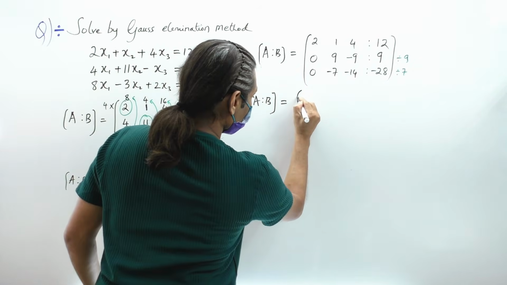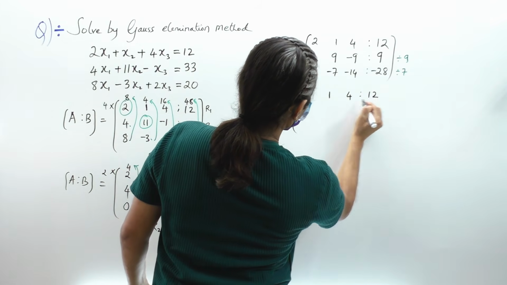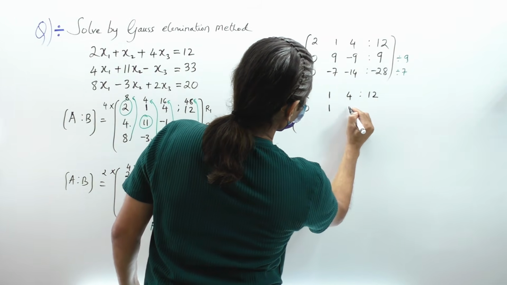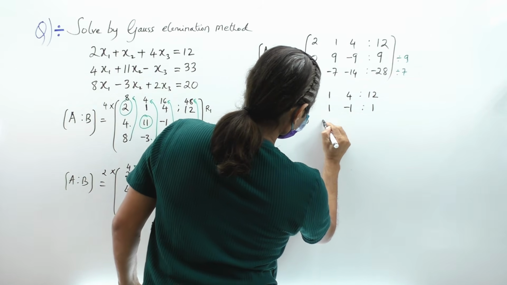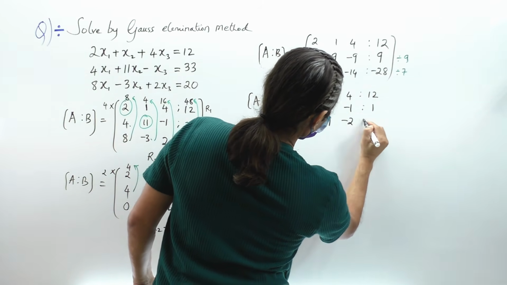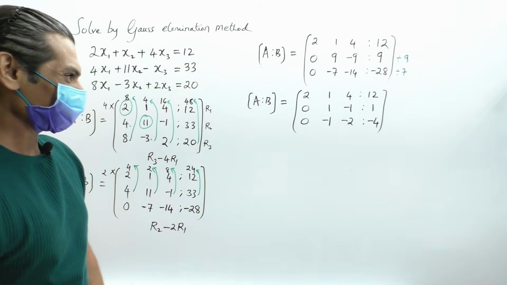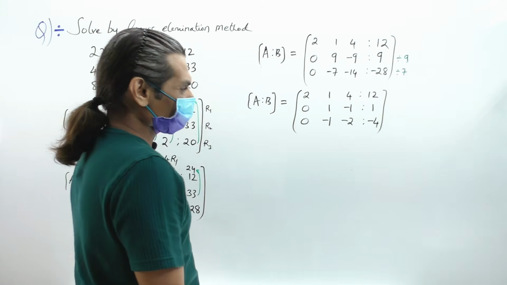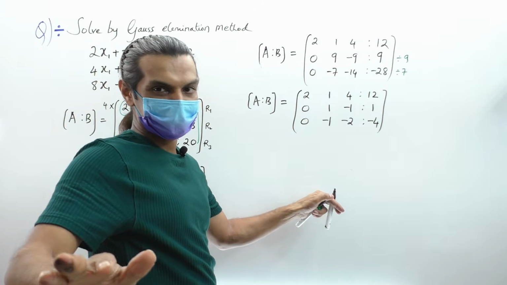So we have this now: 2 1 4 12, 0, 9 ones are 9, 9 ones are 9, 9 ones are 9, 0, 7 ones are 7, 7 twos are 14, 7 fours are 28. Beautiful. So easy. Now lastly, below this 2, 0, done.